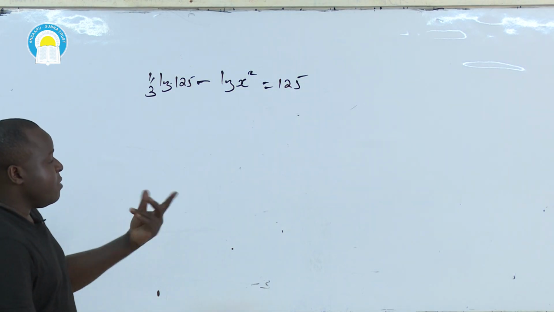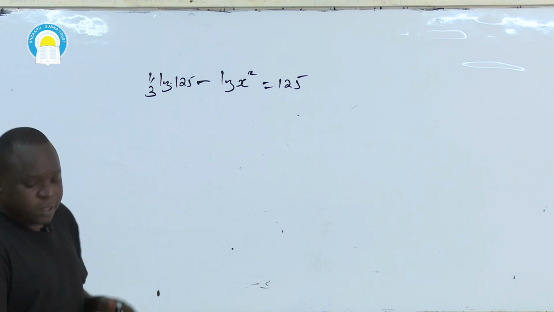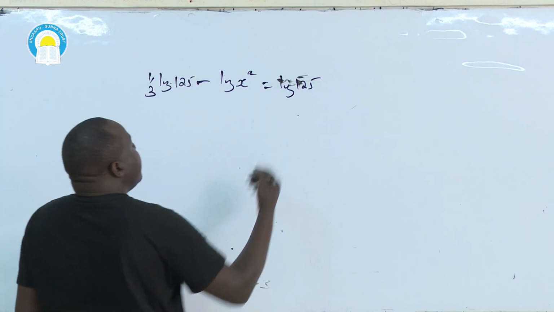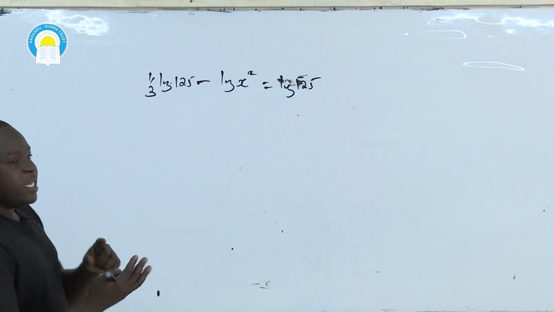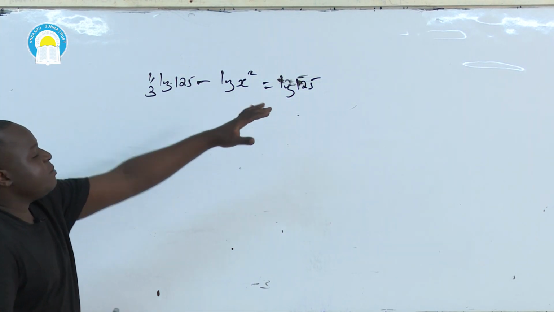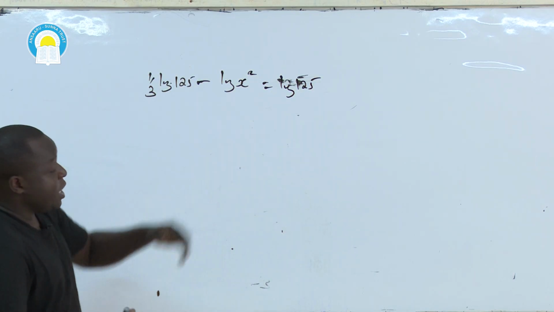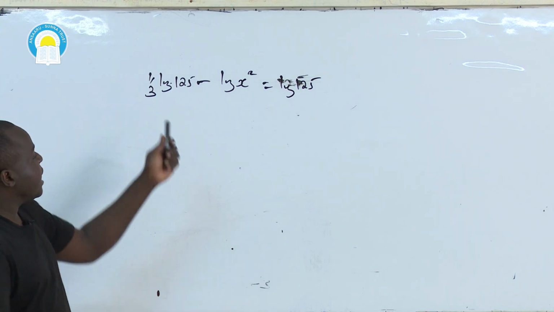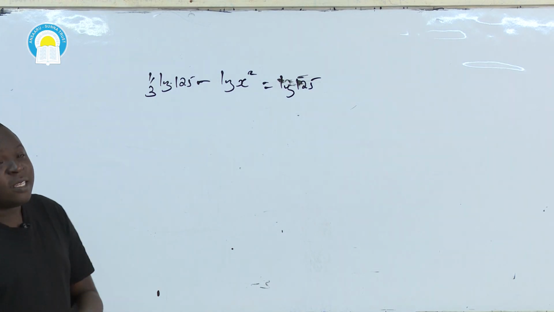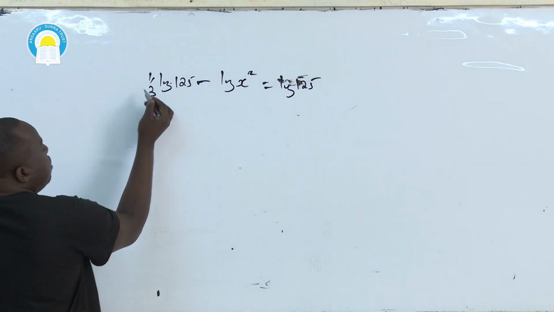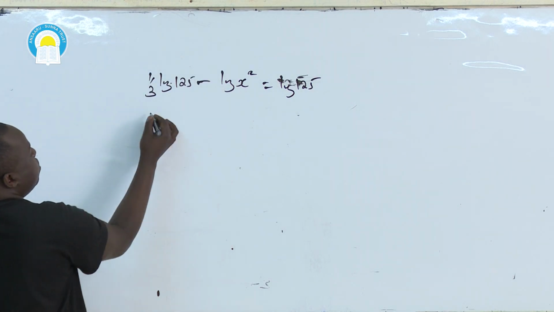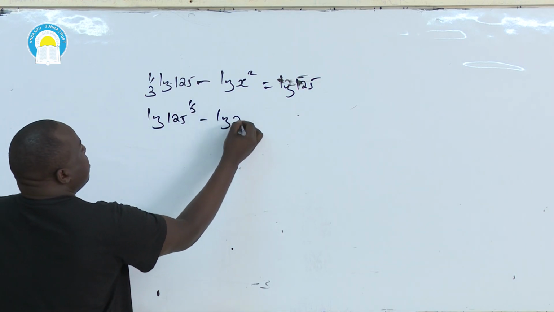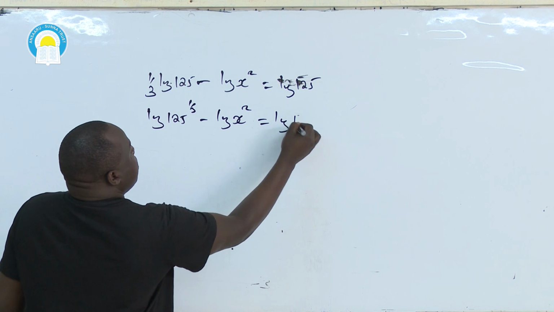According to the rules and the first question I did, rule number one, make sure that all the terms have logs on them, which is okay. Number two, any place there is a coefficient, get rid of it. I can see a coefficient here, so that's the next thing I should do. Using the third law, this has to go back, so it will be log 125 raised to a third minus log x squared equals log 125.